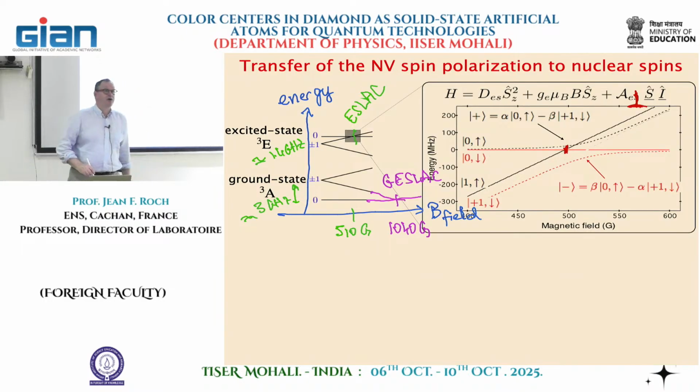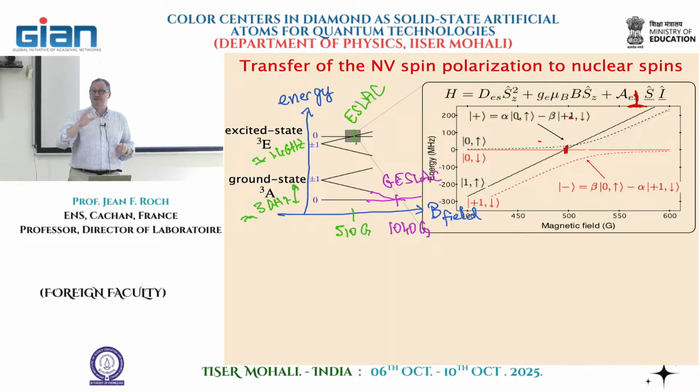Here, the perpendicular hyperfine coupling will mix the states. So now I am no longer in this good basis. I am in a basis that combines those states, the plus minus basis, that, depending on the strength of the interaction, will couple 0 plus and plus 1 minus.